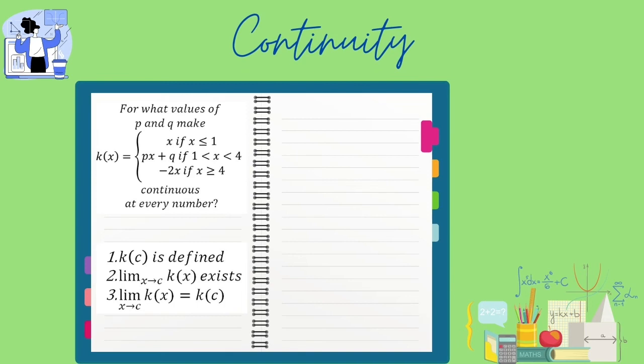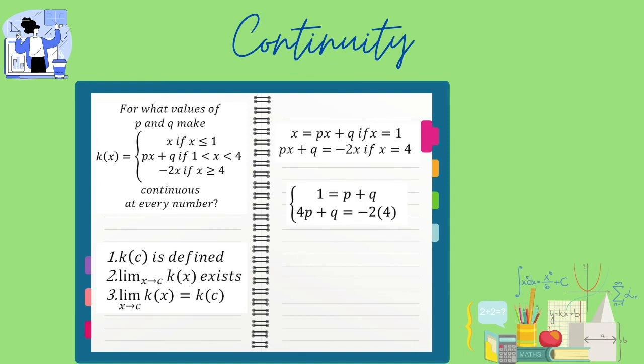We just need to make sure that the limits from the left and from the right of 1 and of 4 are equal for the limits to exist. To satisfy this, we equate x and px plus q if x is 1, and px plus q equals negative 2x if x equals 4. We then substitute the indicated x values, resulting to this system of equations: 1 equals p plus q and 4p plus q equals negative 2 times 4.